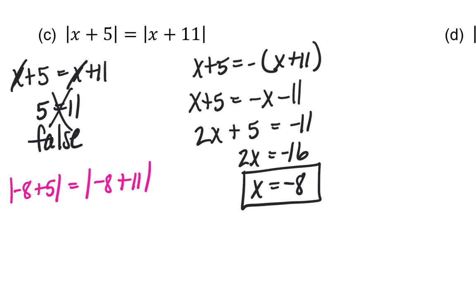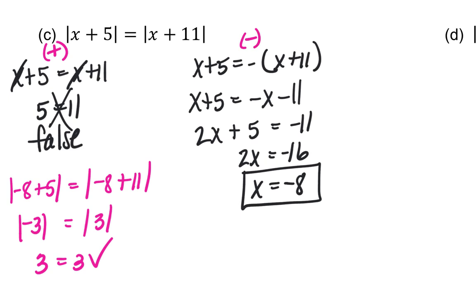Negative 8 plus 5 is negative 3. Negative 8 plus 11 is positive 3. And since 3 equals 3, we're good. Questions? So remember, positive side, negative side. This or that. Questions?